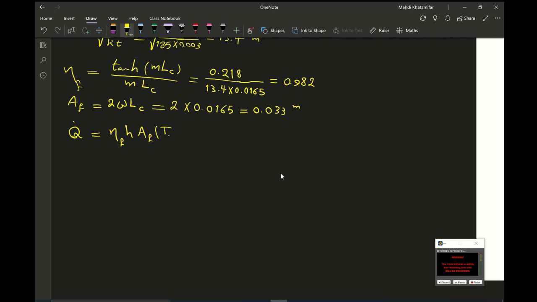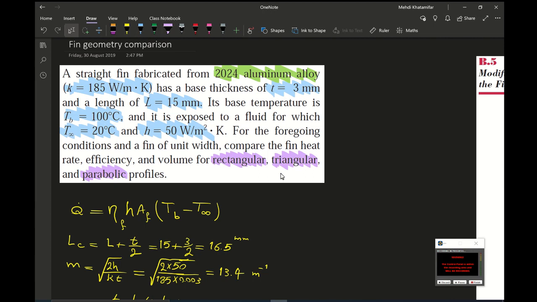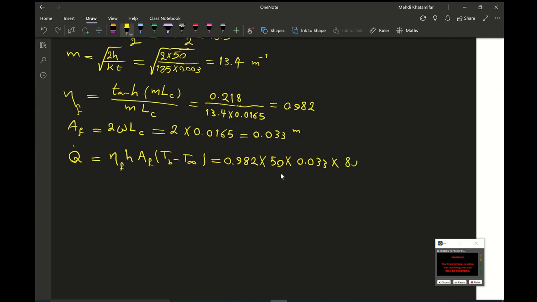And therefore Q dot is going to be efficiency times h times Af times T base minus T infinity, which is 0.982, which I just calculated. h was 50, it's given, times area of the fin was 0.033, times temperature difference, base is 100 and T infinity is 20, so it is 80, and Q dot is going to be 129.6 watt per meter.